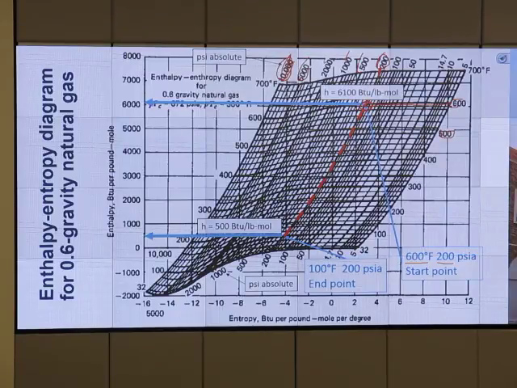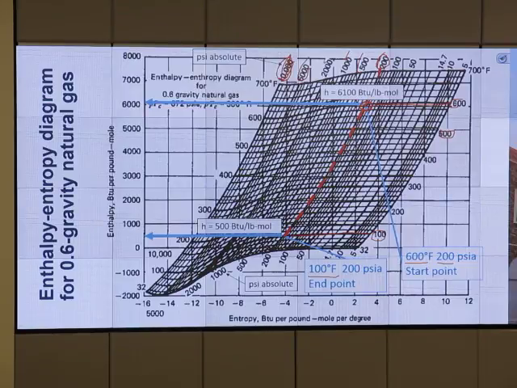I want to go down to 100 Fahrenheit, but at constant pressure. So I identify my 100 Fahrenheit. It is over there. Constant pressure is the dashed red line. So if my interstage cooler moves along that line, I will have the difference of enthalpy from 6,100 BTU per pound mole to 500 BTU per pound mole.